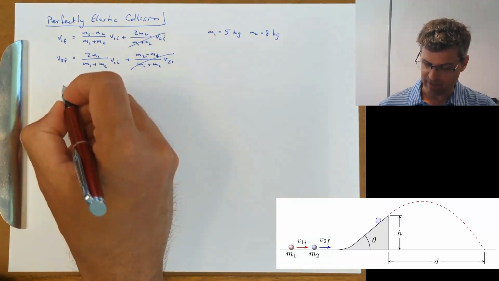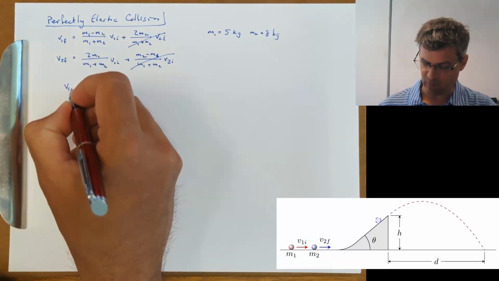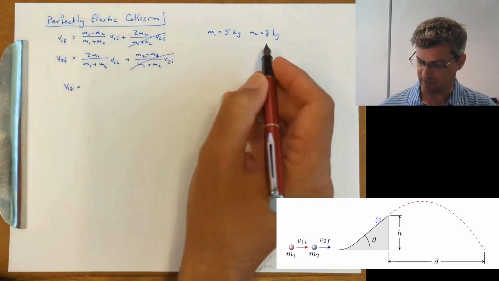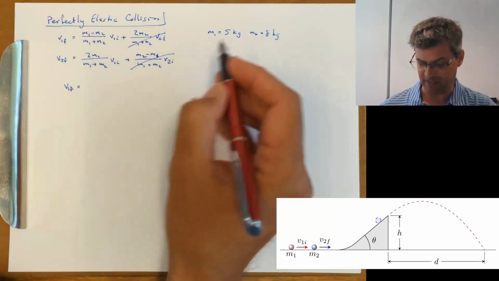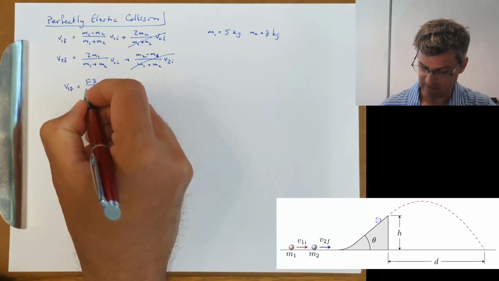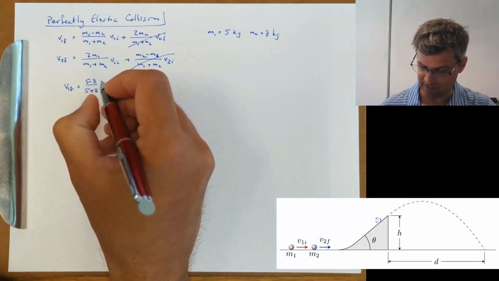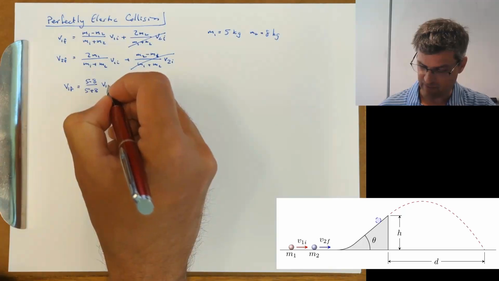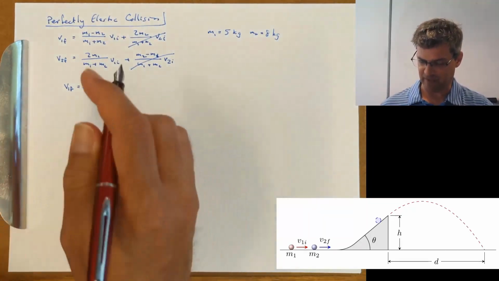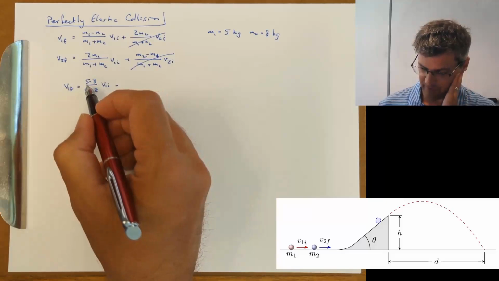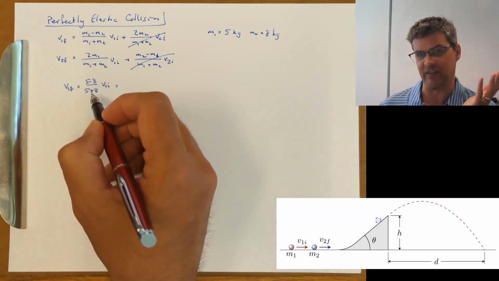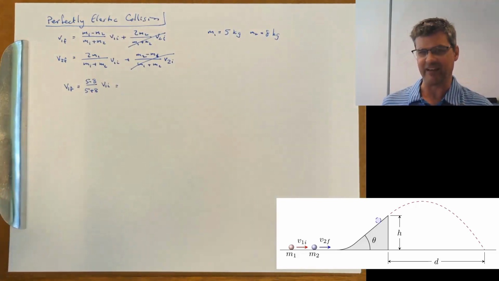If I wanted to find v1 final, it would be m1 minus m2, in this case 5 minus 8, over 5 plus 8, times v1 initial, which is going to be what? 5 minus 8 is minus 3 over 13.